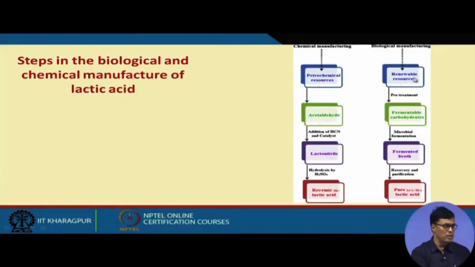So, if we talk about starch, glucose, or lignocellulosic material, all are renewable resources because you can produce them again and again. With these renewable resources we do the pre-treatment, then we produce soluble carbohydrate. This undergoes the fermentation process, then we get the fermentation broth, and through the purification process we get pure L and D lactic acid.